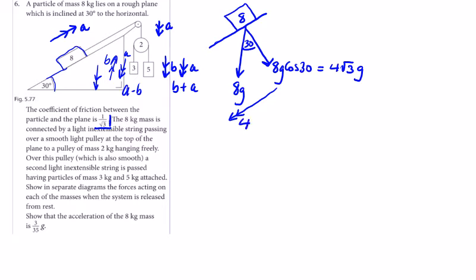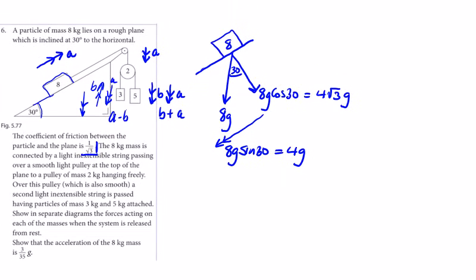And in this direction, we have 8G sine 30, and sine 30 is a half, so we have 4G. For 8, we have connected by the first string we'll call T, and we do have a reaction here, and we can say that my reaction R is going to be equal to 4 root 3G.